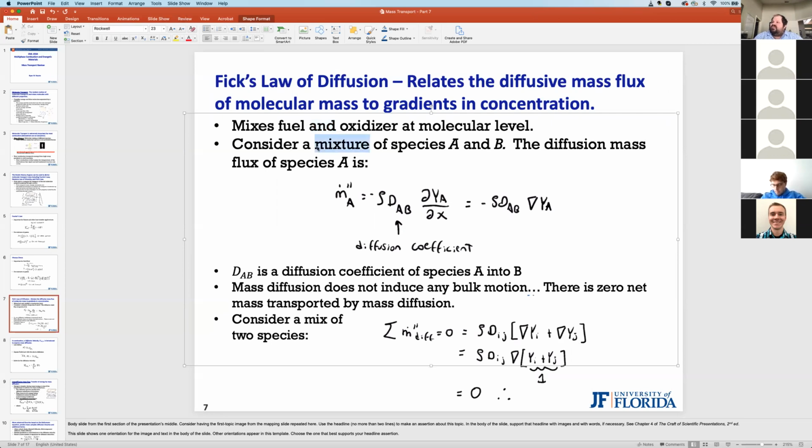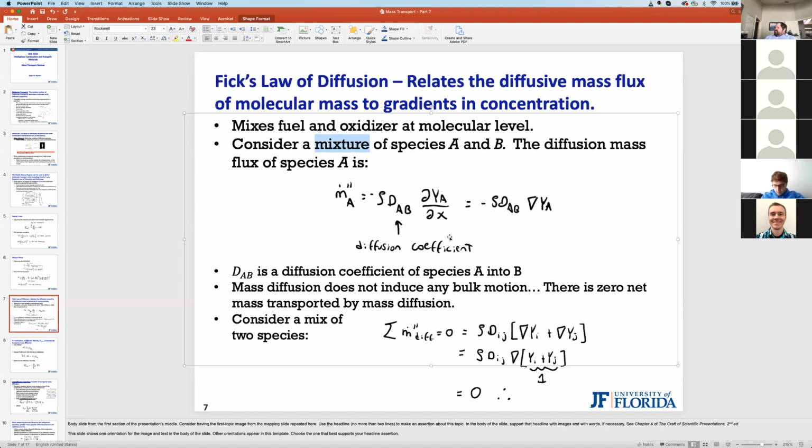And so if we consider a mixture of species A and B, the diffusion mass flux m dot double prime A of species A is minus rho times a diffusion coefficient DAB times dYA dx. So this here is actually called Fick's law of diffusion.